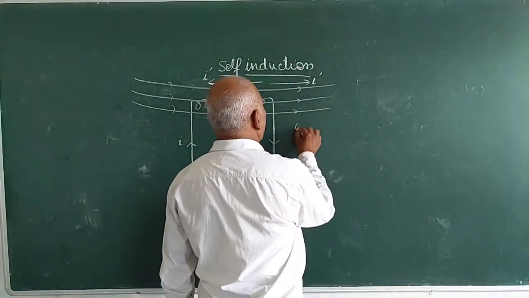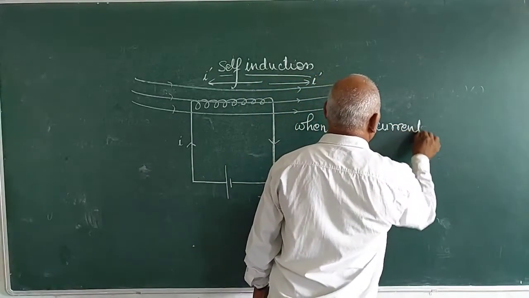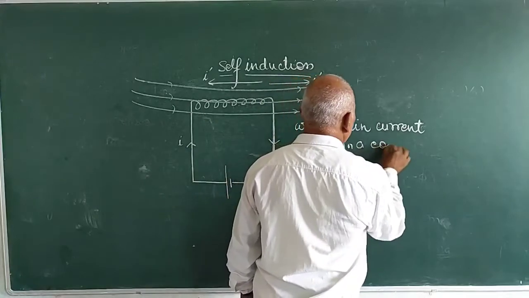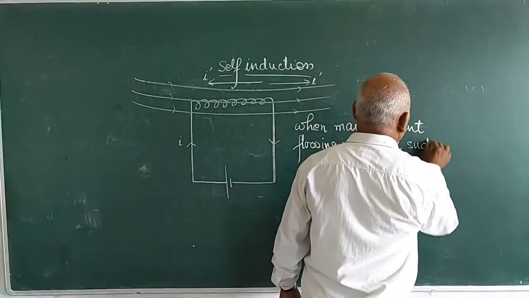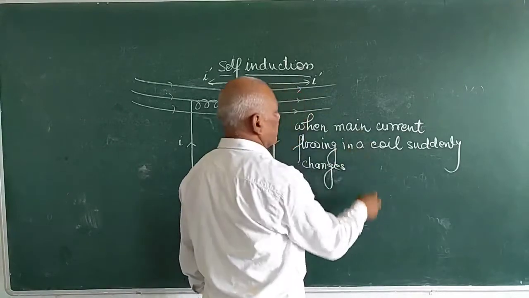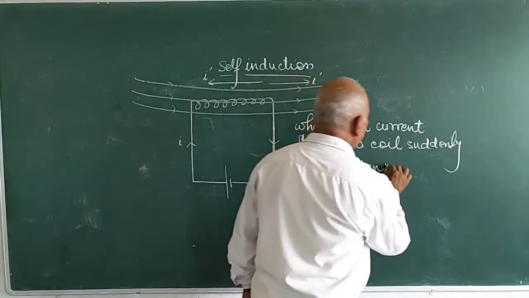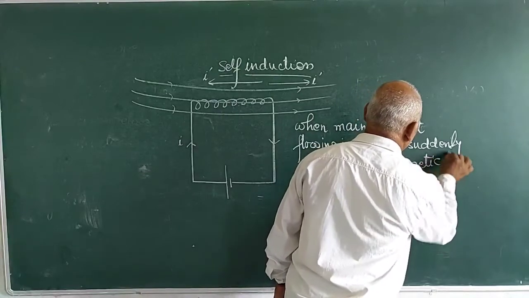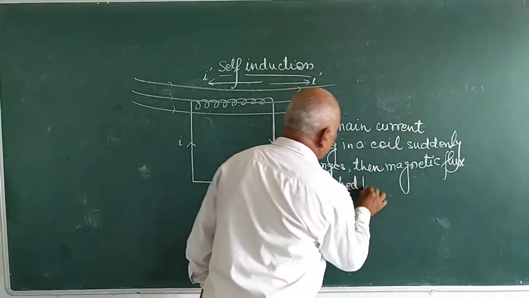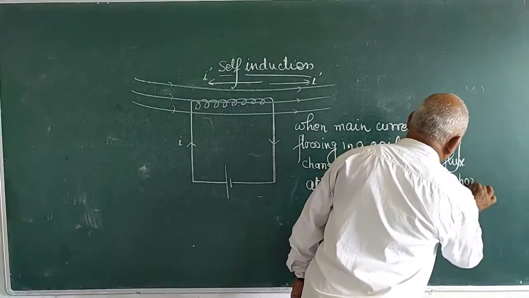Again, note it down. When the main current flowing in a coil suddenly changes, then the magnetic flux attached to the coil also changes.